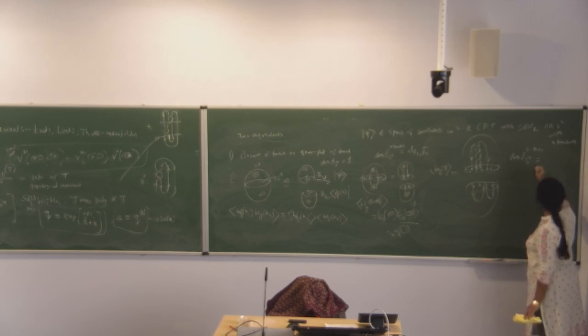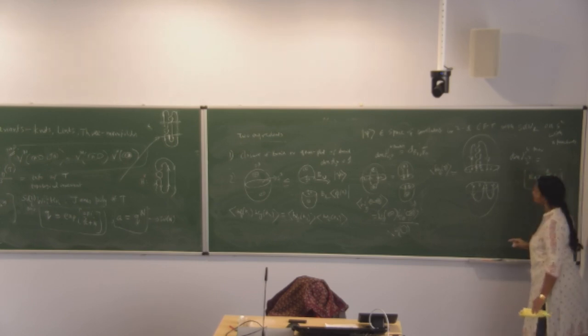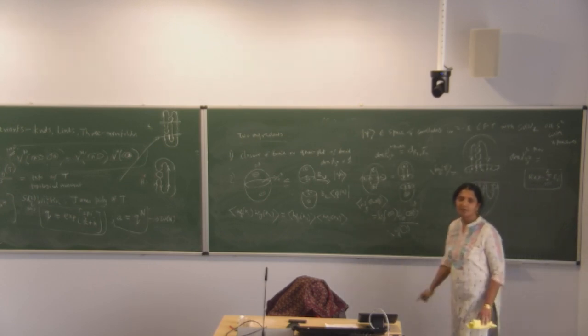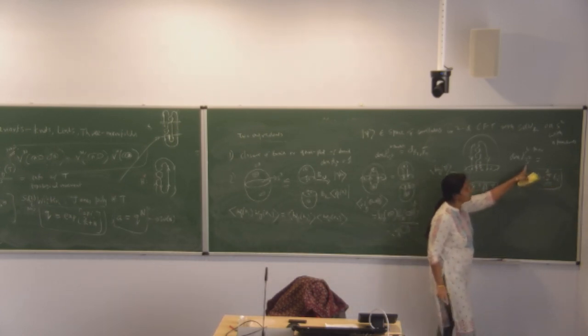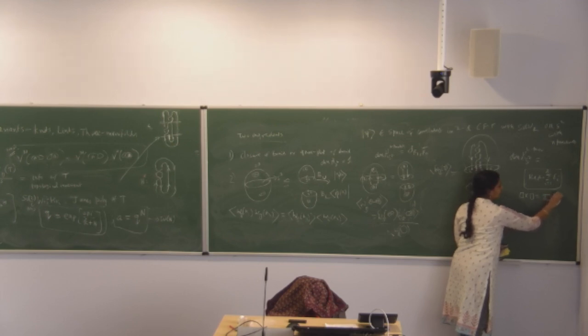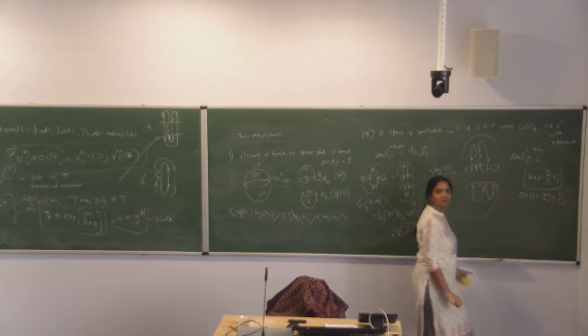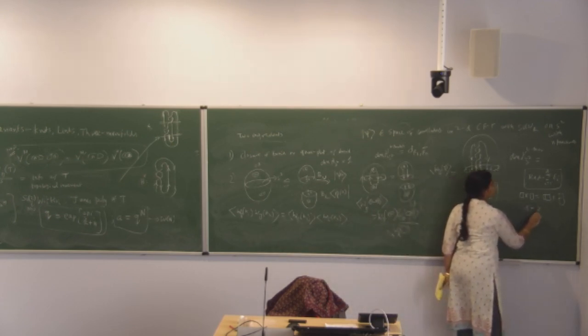If I take this to be R cross R as a sum over irreducible representations Ei, the number of irreducible representations decides this for you. For example, if I had the fundamental, this will give you this and this, which means S is equal to 2.